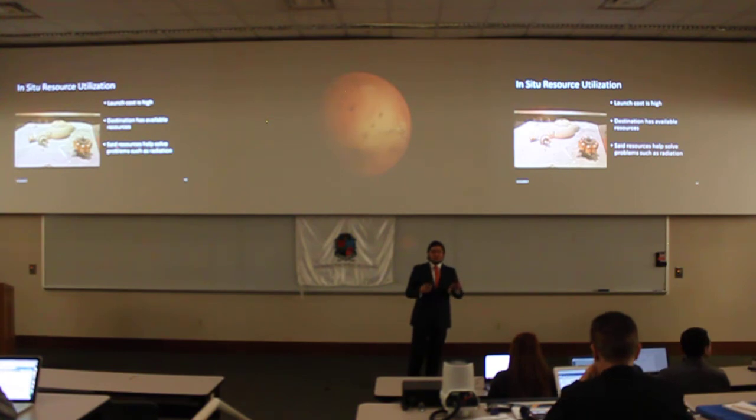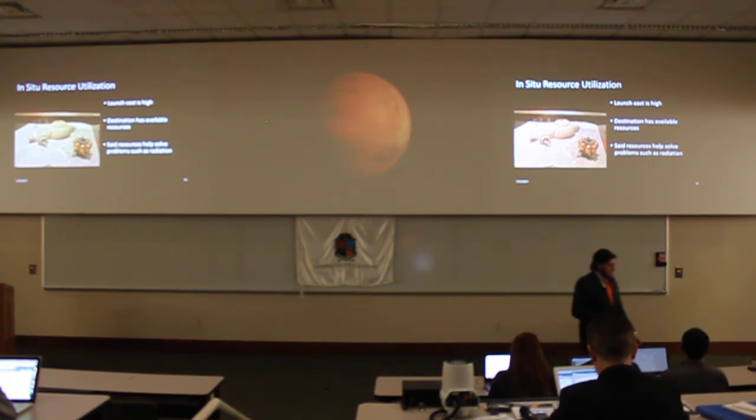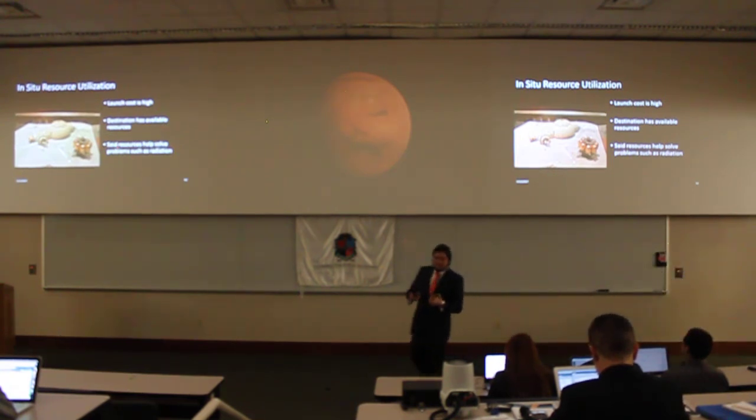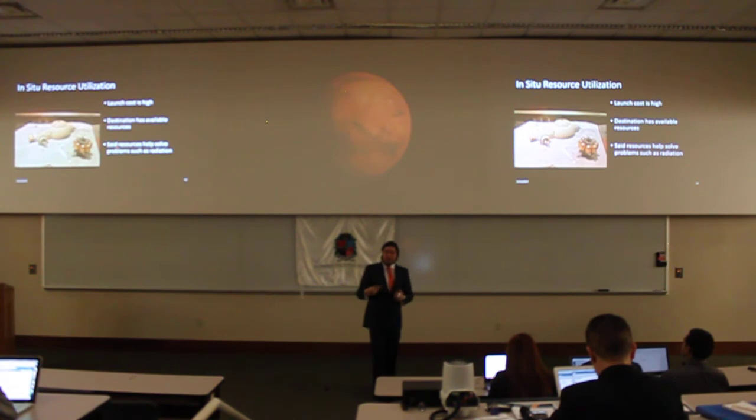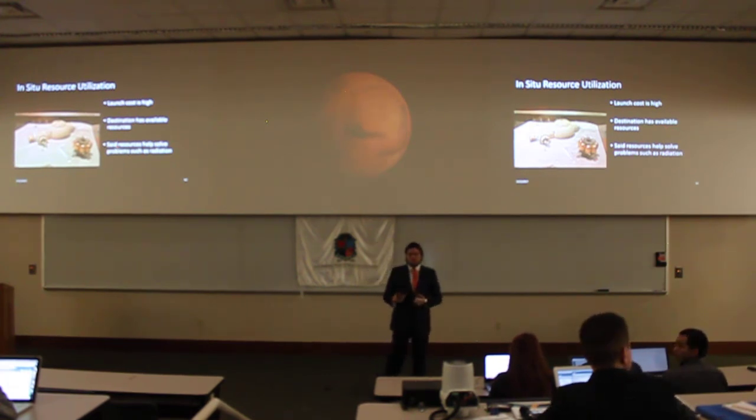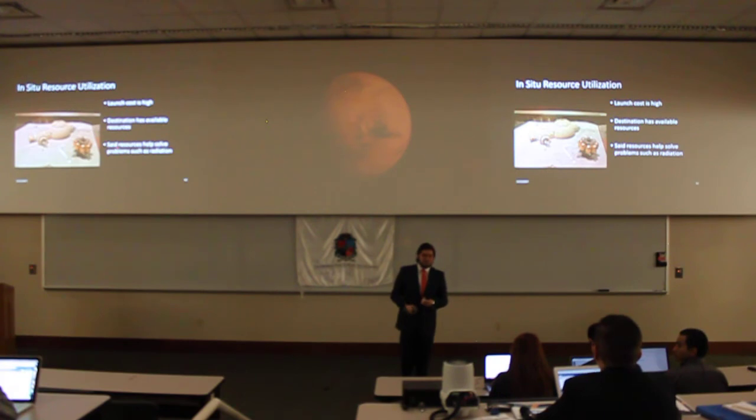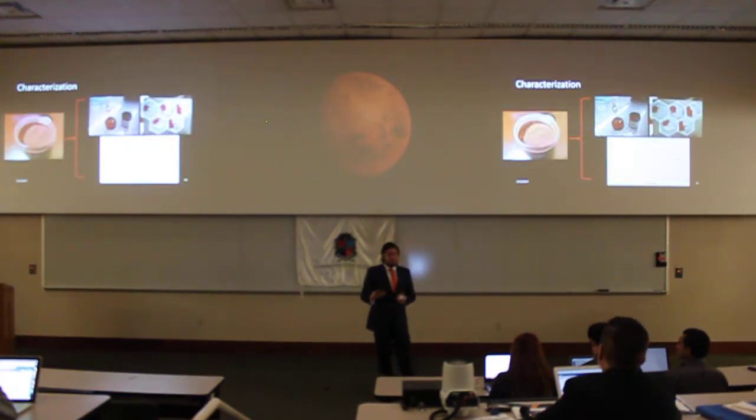Because if we can use this dirt, this Martian soil, that we have samples of here as simulants, we can reduce the cost of launch a lot. The destination, Moon and Mars, has these resources available, and they also serve other purposes such as radiation protection improvement.